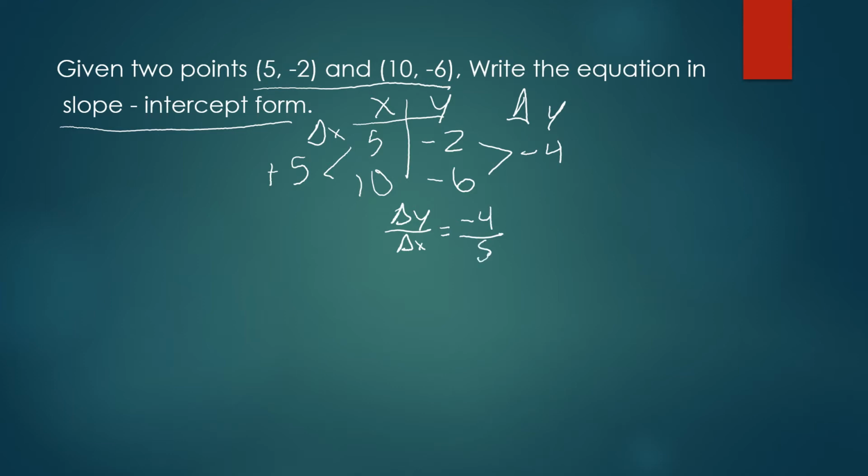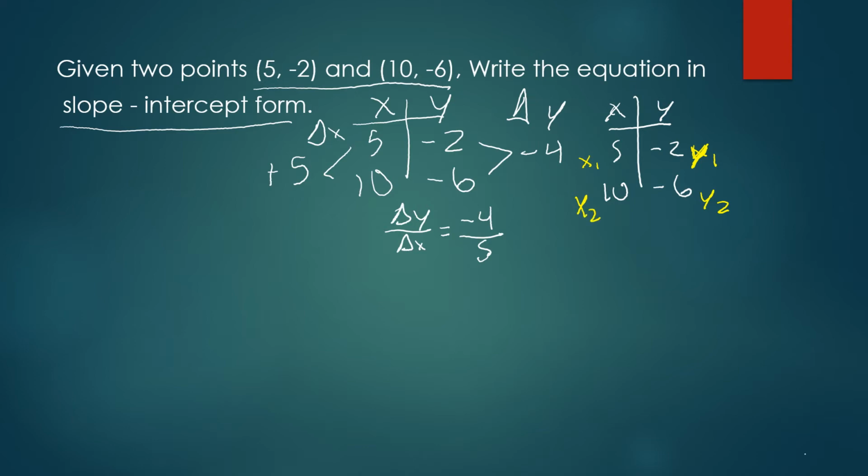Now, if you still get confused with the table, you can always do the following. 5, negative 2, 10, negative 6. You can label them x sub 1, y sub 1, x sub 2, y sub 2.